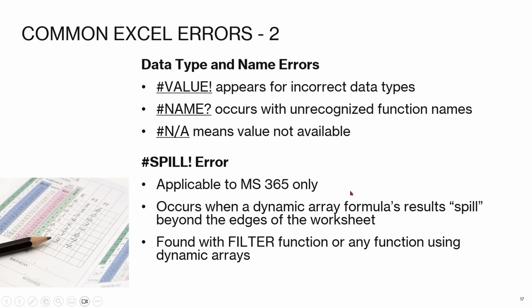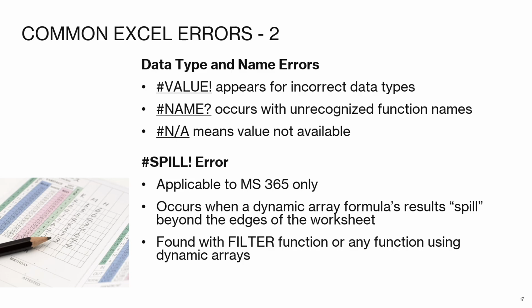And the SPILL error, this is kind of a newer one. It's applicable to Microsoft 365 only, so these are for the newer versions of Excel. We'll take a look at this more later on, but this can occur if you have what they call a dynamic array formula, and the contents don't get entered into only one cell.